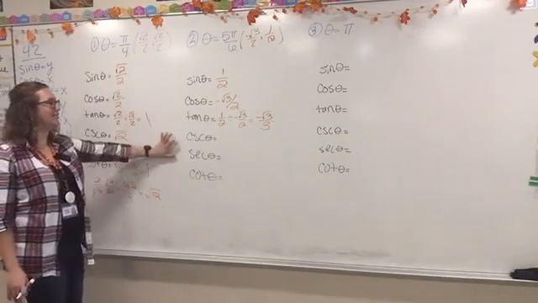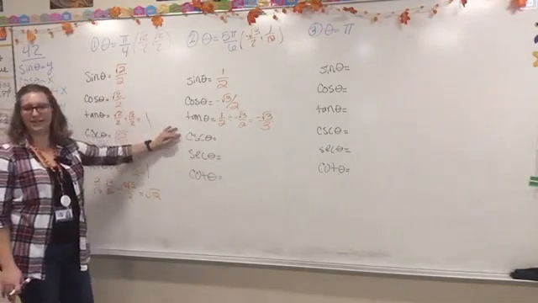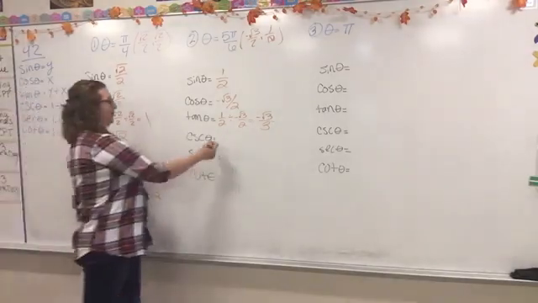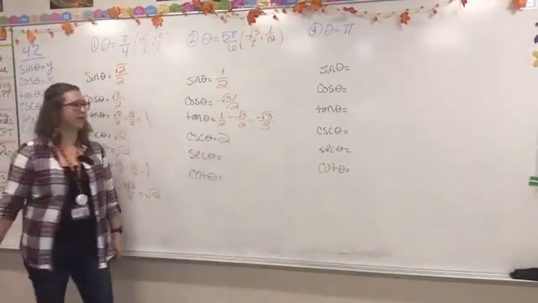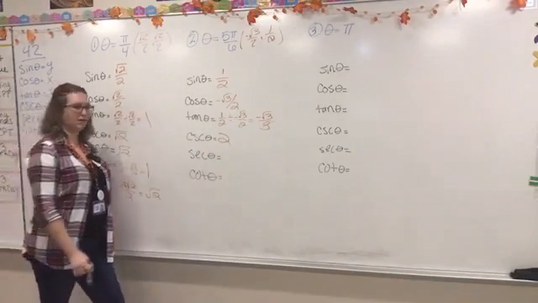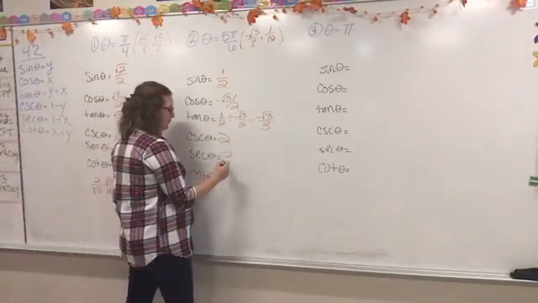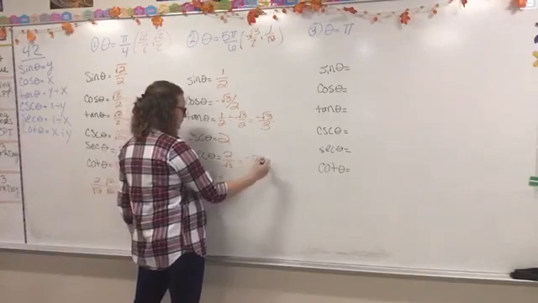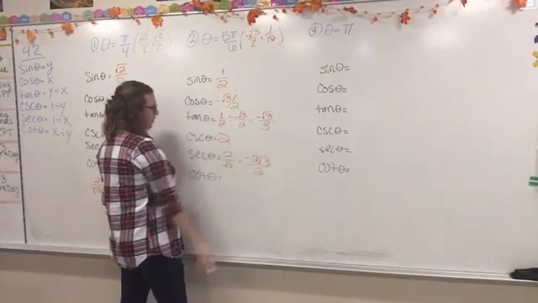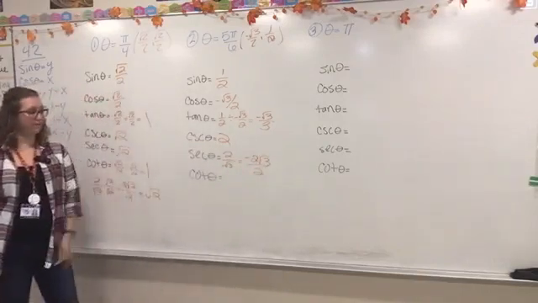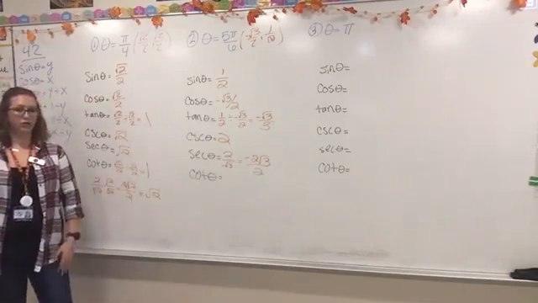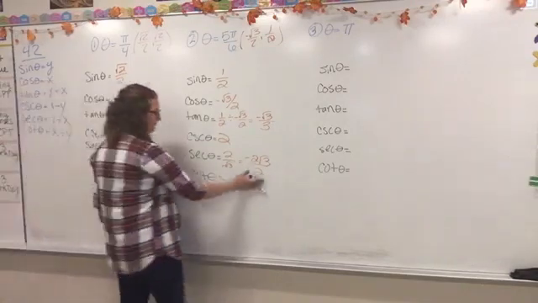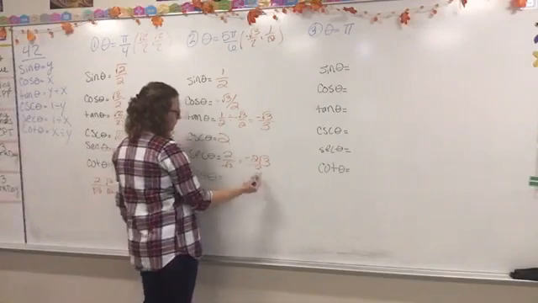All right, so someone tell me what you got for cosecant. 2. And what do we get for secant? Perfect. So when we flip it, we get negative 2 root 3 over 3.